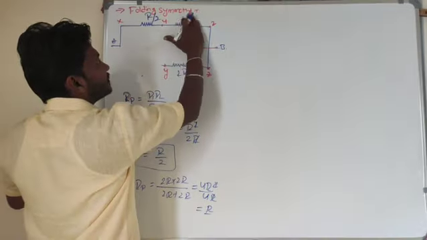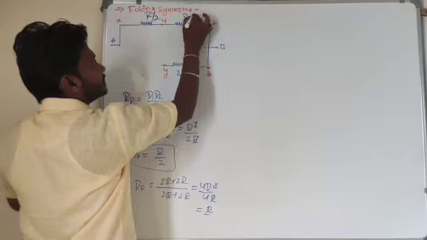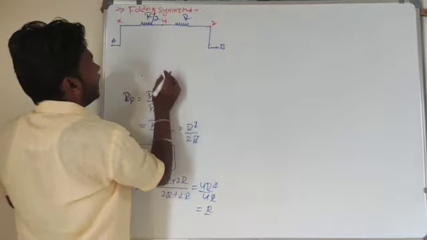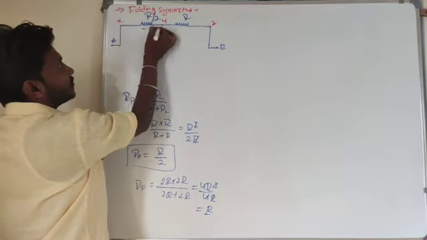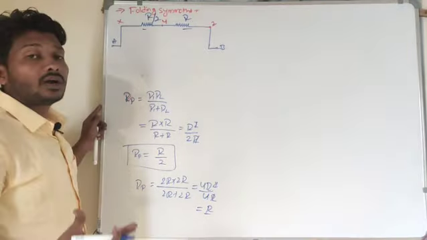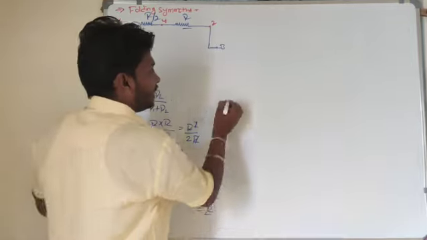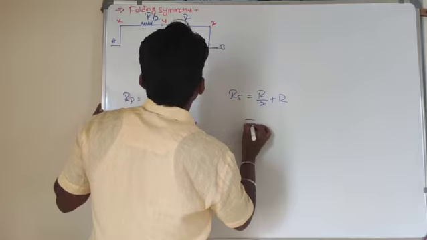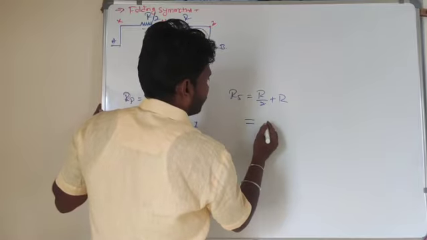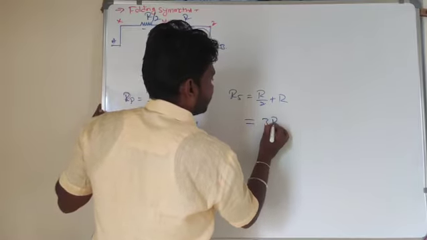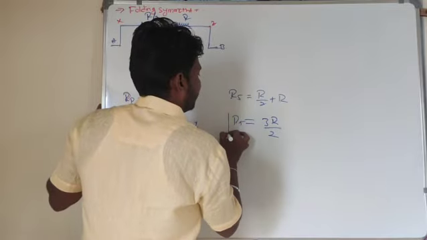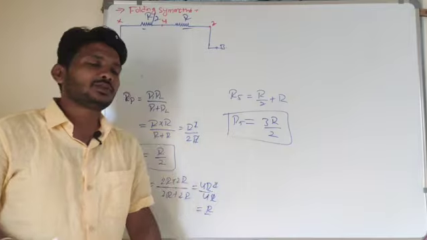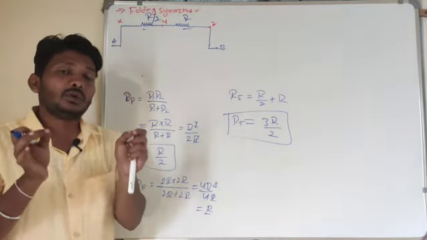Instead of two resistances, I take that single resistance, which is R. Between the terminals A and B, I got two resistances, R by 2 and R. What is the nature of the combination between R by 2 and R? These two are in series: R by 2 plus R, so 3R by 2. The effective resistance between these two points is 3R by 2. Hope you understand.